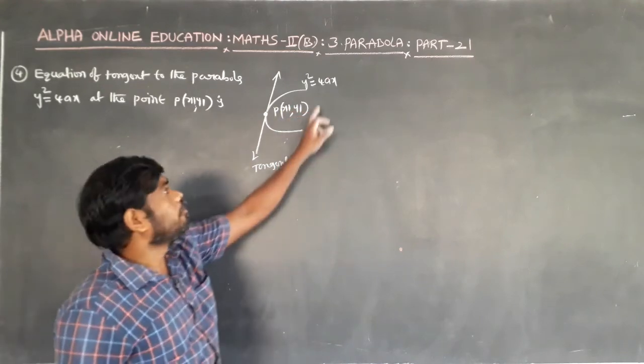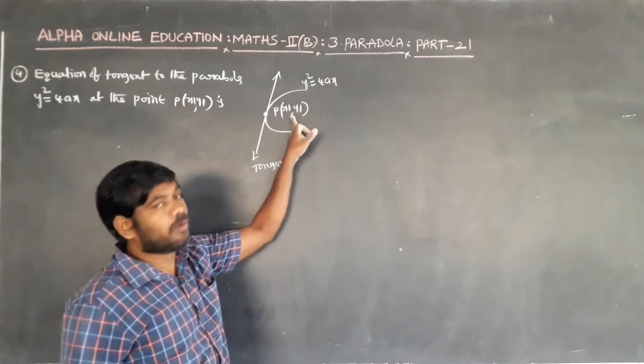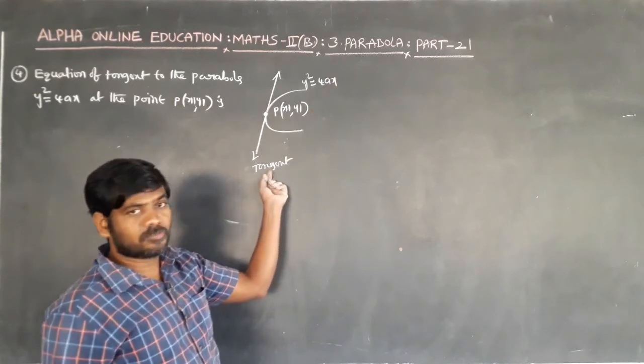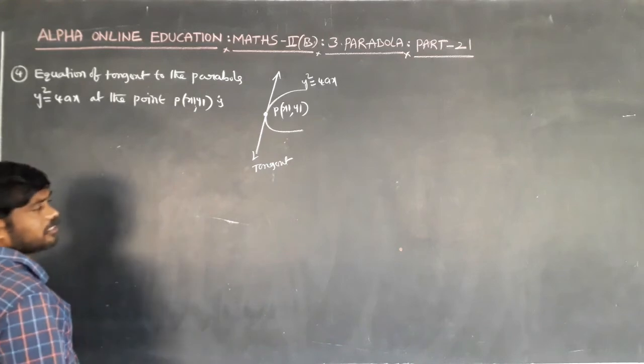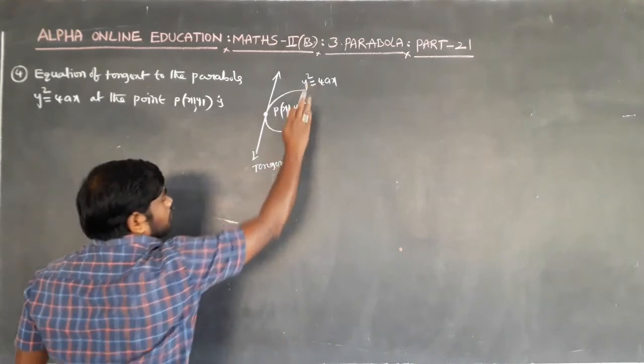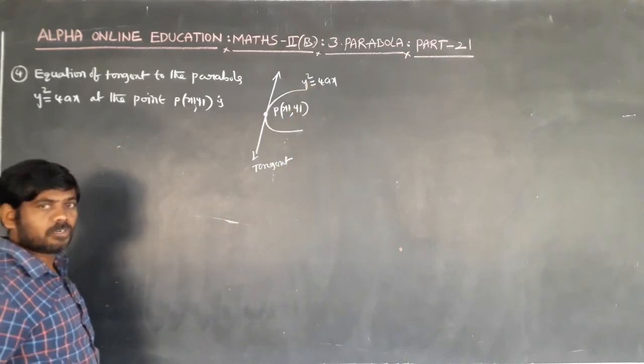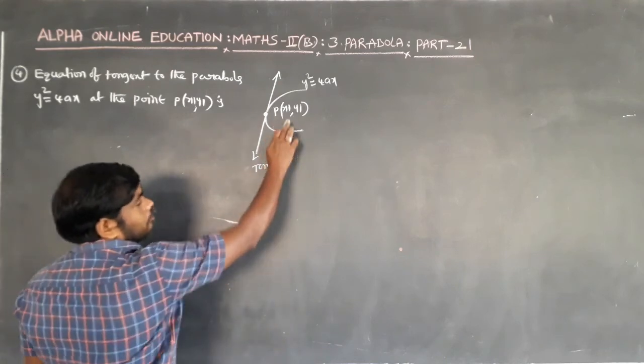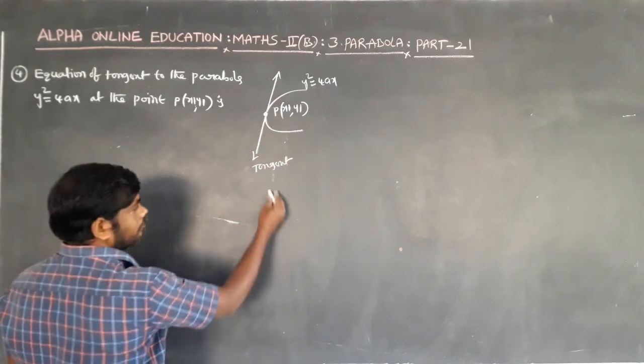Given that parabola and point, find the equation of the tangent to the parabola y square is equal to 4ax at the point P(x1, y1).